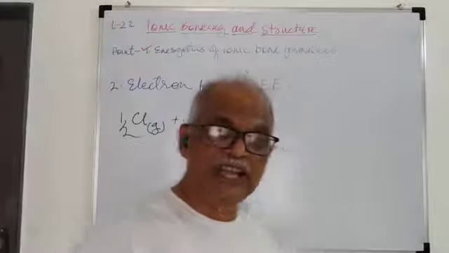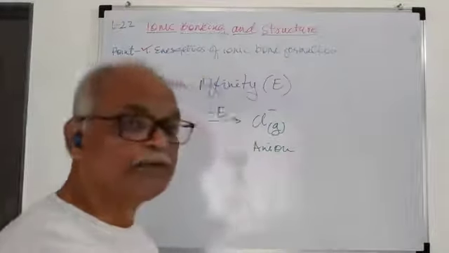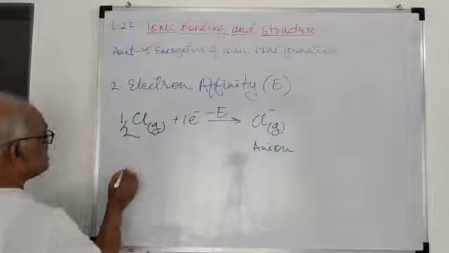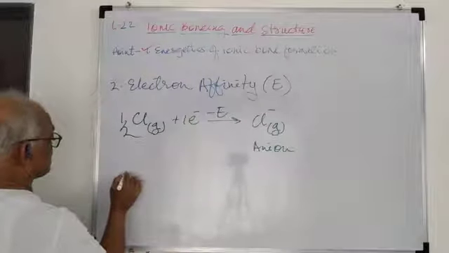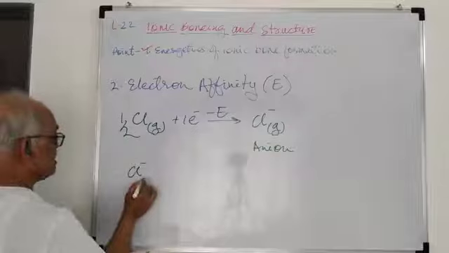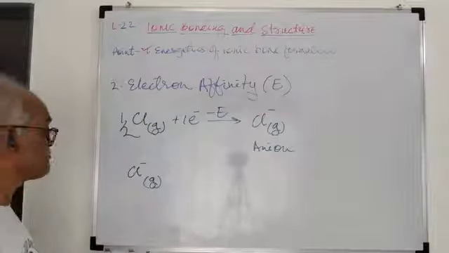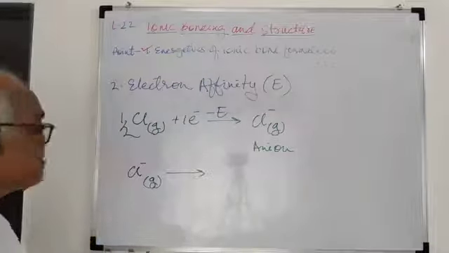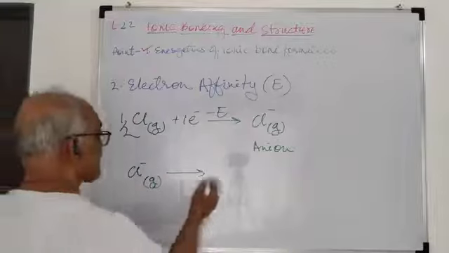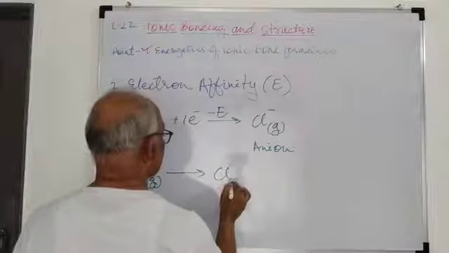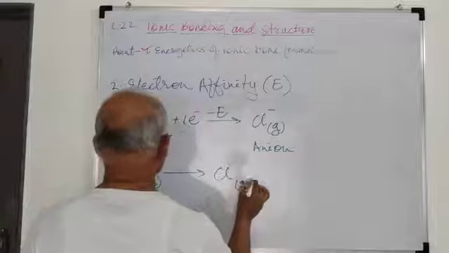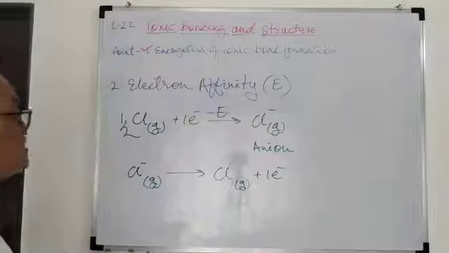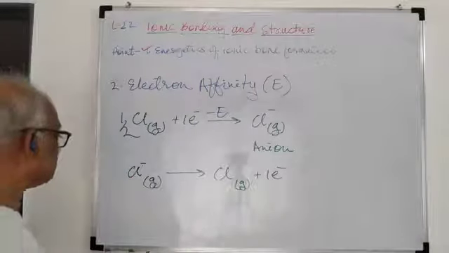This is one way of defining electron affinity. There is an alternate and the most commonly used way of defining electron affinity, which you can see in the reverse reaction. You take the chloride ion in gaseous state, and supply some energy to this chloride ion in order to remove the outermost electron and form the Cl atom in the gaseous state. So the reaction is taken in the reverse way.